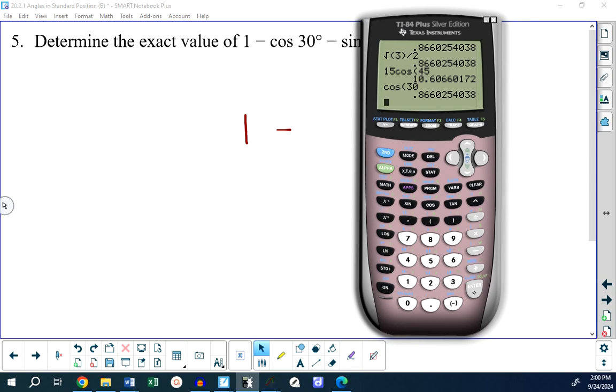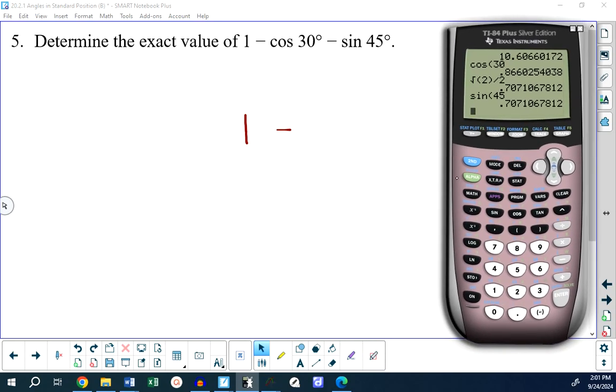That root 2 over 2, you might recognize it as 0.707 after a while. So if you want to know what sine of 45 is and you go, I can't remember. Oh, right, it's root 2 over 2. Every other number is like 0.5 or 1 or 2 or something like that. So this is root 3 over 2.